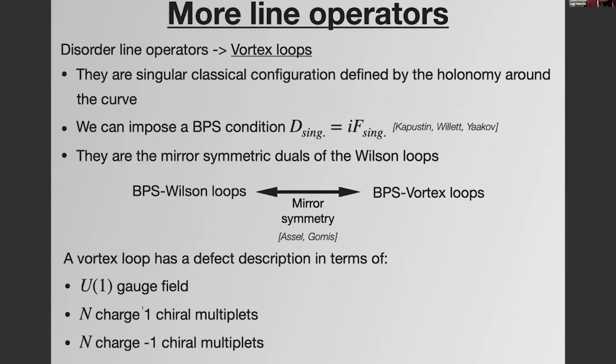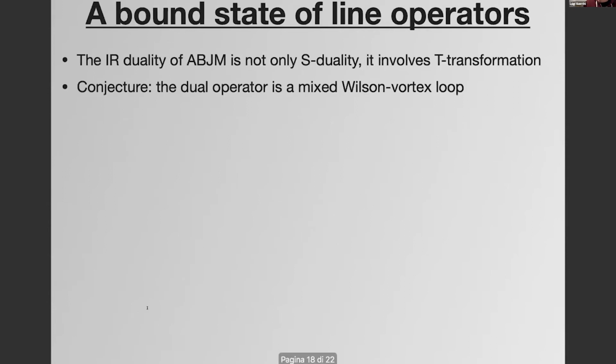The charge refers to this U(1). And the coupling is realized by gauging the U(1) flavor symmetry with the bulk vector. However, this is not enough because the infrared duality of ABJM is not simply mirror symmetry. There is also a T transformation which mixes the electric and the magnetic part.